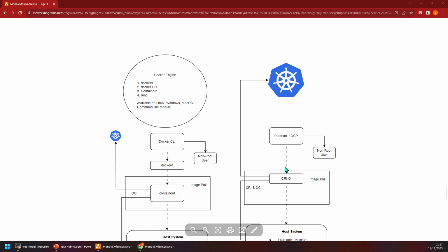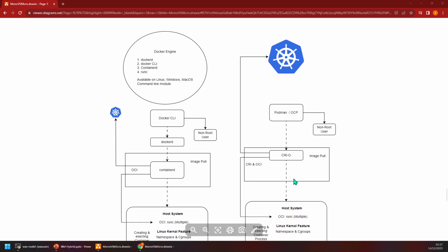It has a daemonless design, just like Podman, which we discussed earlier in the comparison, which means that it does not require a long-running central daemon like dockerd that is resource intensive, and it doesn't enhance security to have such a service running. So it is a security enhanced, daemonless design.